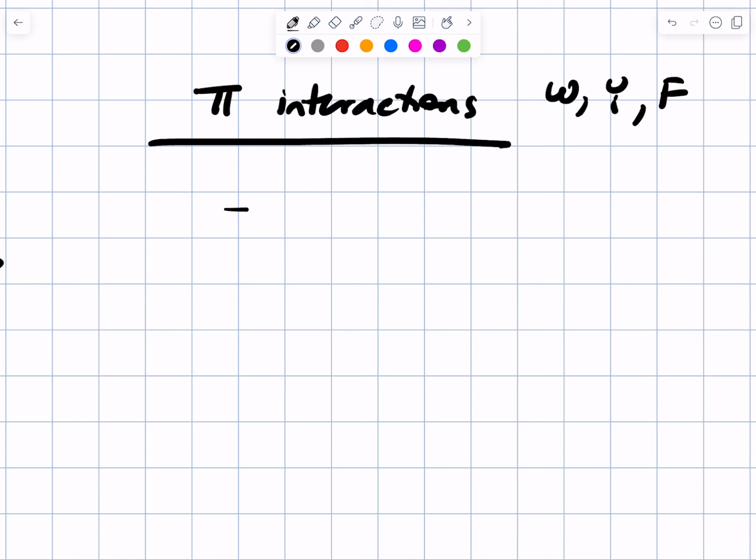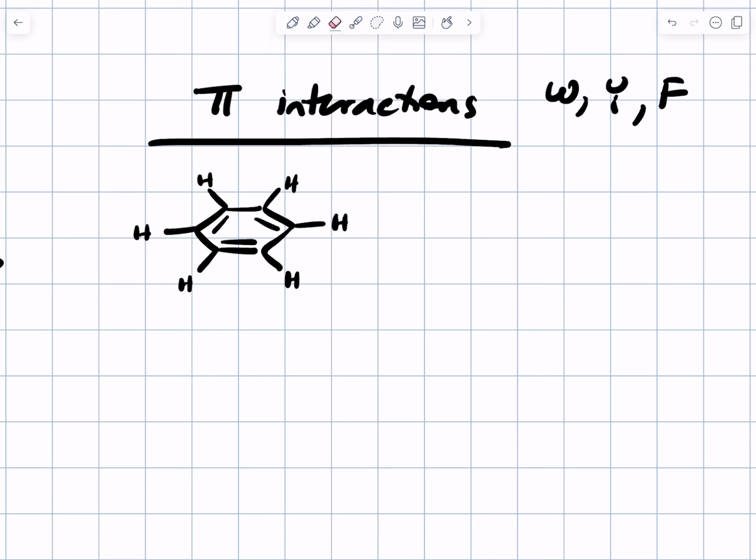So as I pointed out previously, if you look at a benzene ring sort of on its edge, the sp2 carbons are more electronegative than hydrogens. Let's use the color red for electron poor. The edge of the ring is electron poor, and then the face of the ring is electron rich.